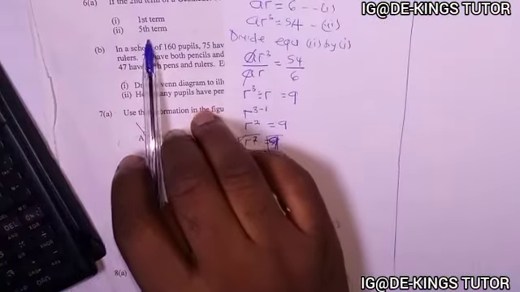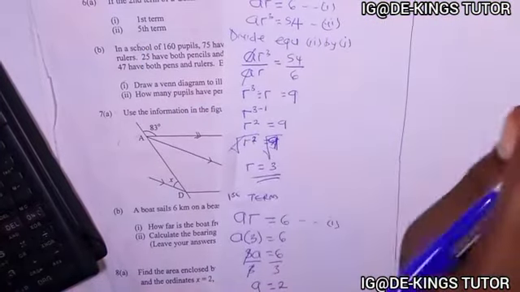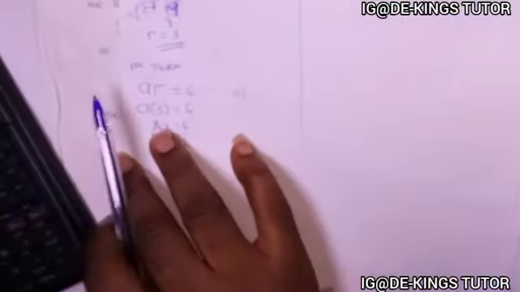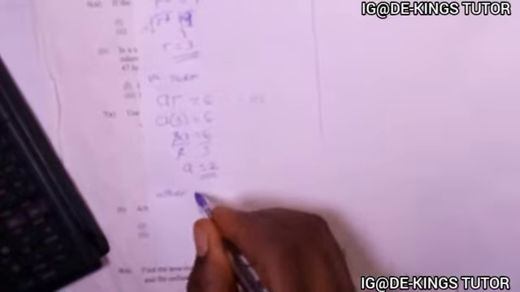Now for the fifth term, that is when n is 5. The formula is Tn equals AR raised to n minus 1.